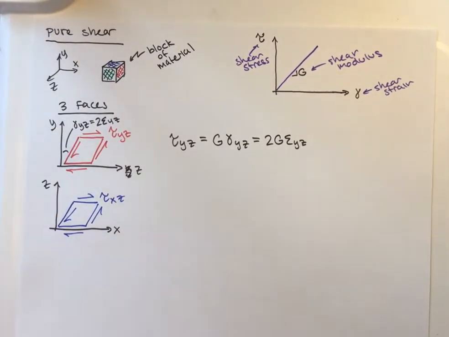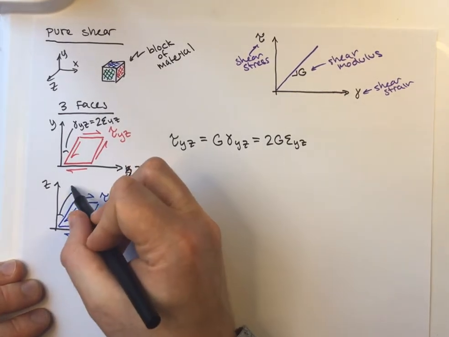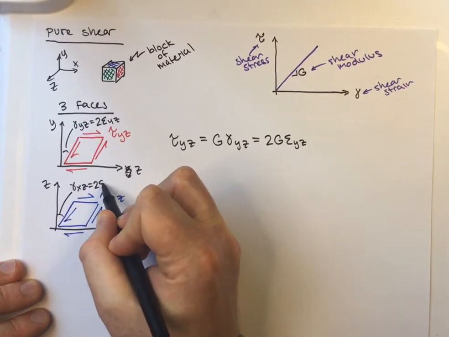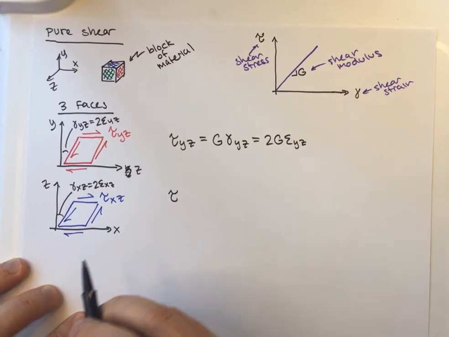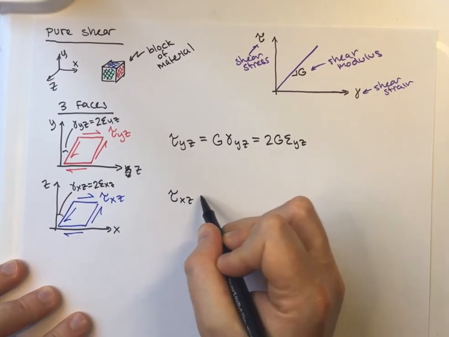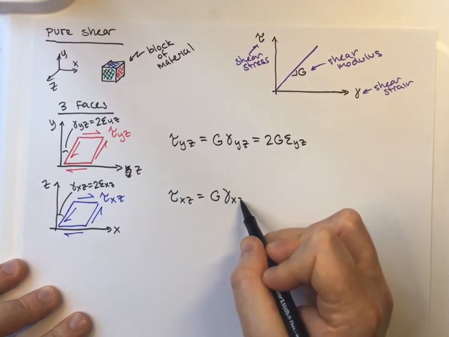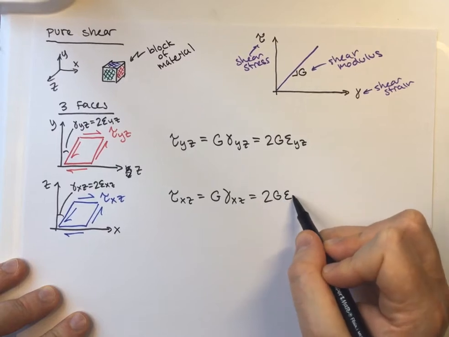And we're going to have some change in angle right there, which is going to be gamma XZ. Again, that's twice epsilon XZ. And we can write the same expression here. Tau XZ is equal to the shear modulus times gamma XZ, which is equal to twice the shear modulus times epsilon XZ.